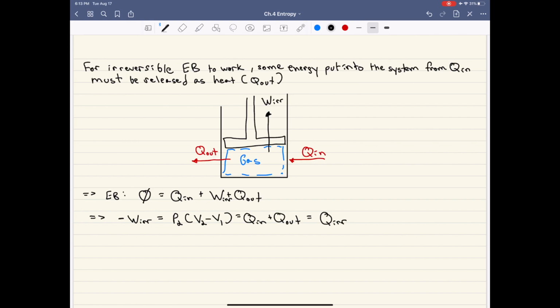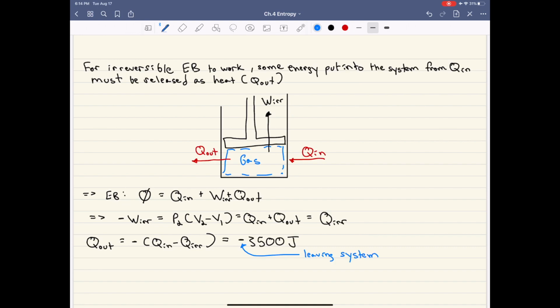And so that means that the Q out, the heat that leaves the system, is just going to be equal to Q in minus that Q total irreversible. So it's going to have a value of negative 3,500 joules, right? And that negative sign is important because this tells us that this is heat that's leaving the system.